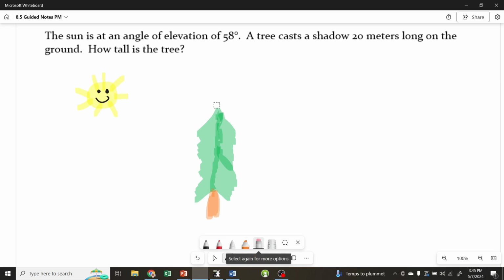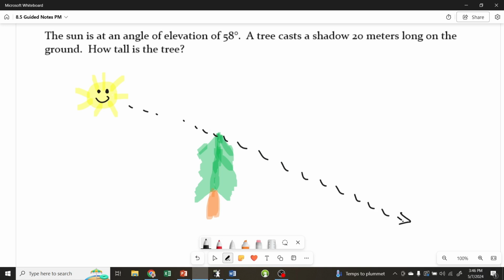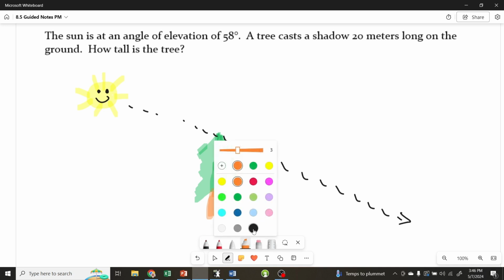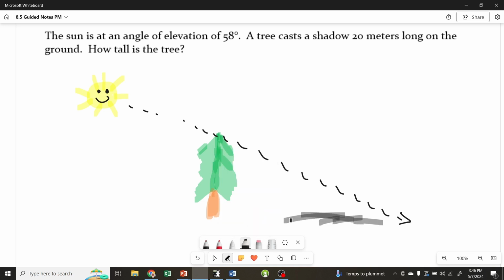He's a little too tall for my drawing here. Okay, let's go this way with him. There we go. Okay. And so here comes the sun's rays, right? And a shadow is cast. So we've got a shadow here. And there's our picture. Okay.